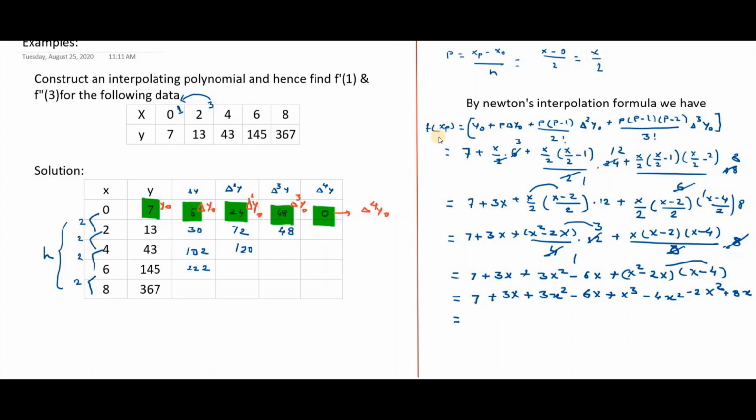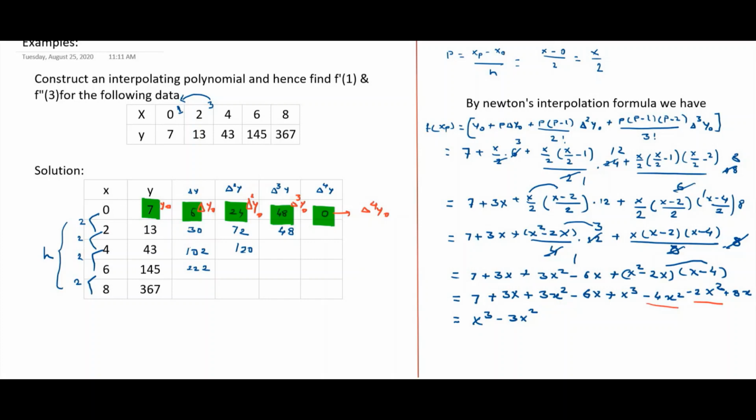Now collect the term containing x cube. The term containing x cube is only one term, so I will write that is x cube. Next, collect the terms containing x square. The terms containing x square are 3x square, minus 4x square, and minus 2x square. So total minus 6x square plus 3x square is minus 3x square.